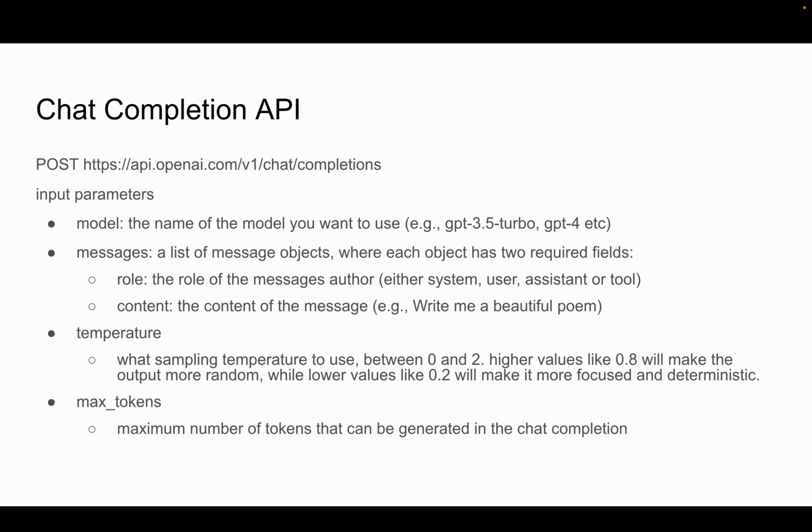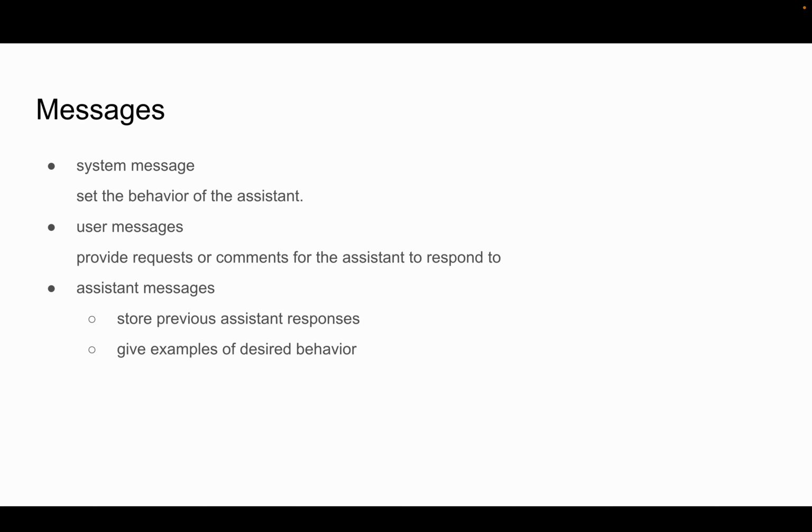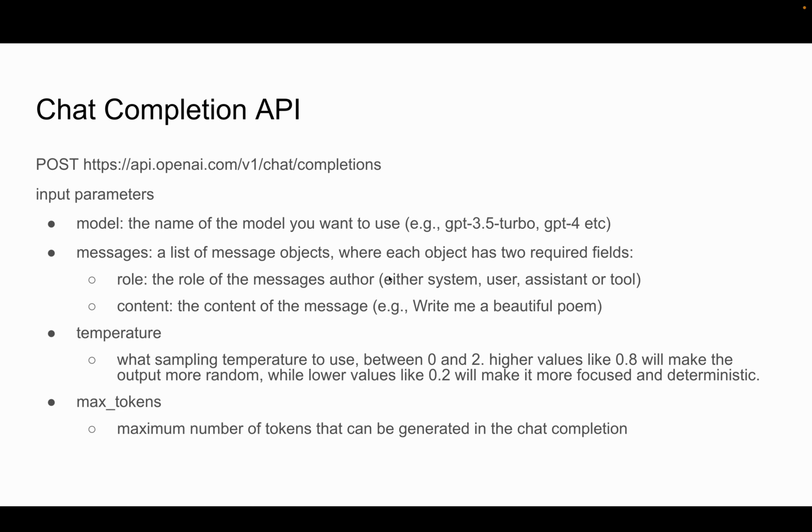In this case, you can specify the maximum number of tokens that the API can output. For the messages, there are three types of messages: system, user, and assistant, right? The tool role is used for function calling. We can ignore it for now.